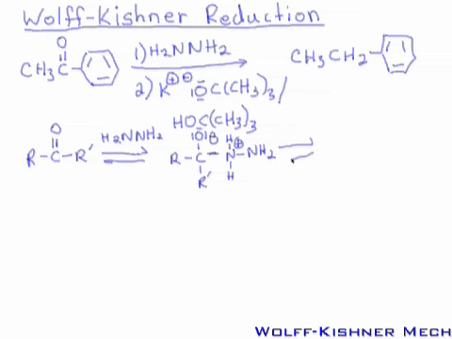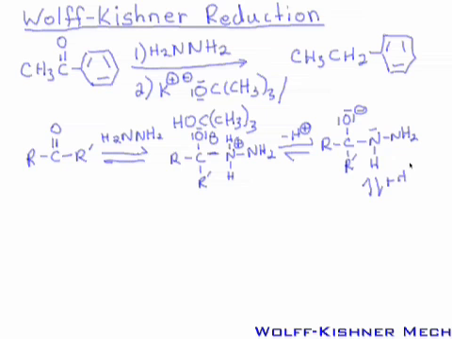So minus H plus, for example, gives me RC. We still have the O minus, and now a lone pair here. Go down, plus H plus, give me R, C, O, H, R prime.